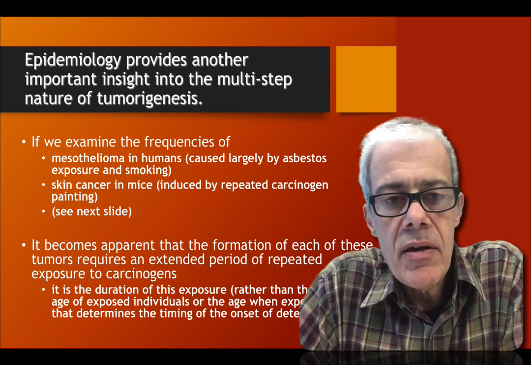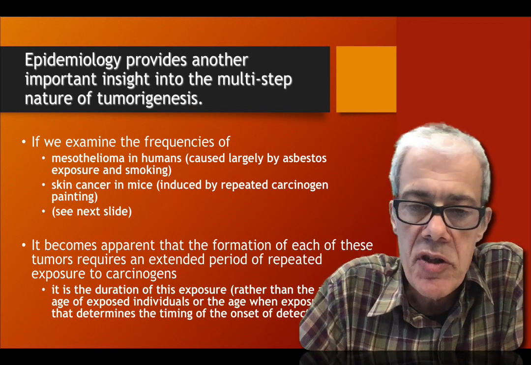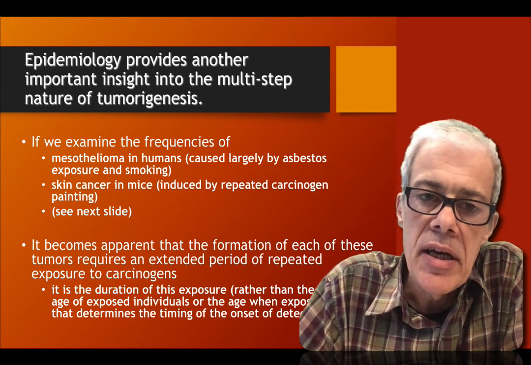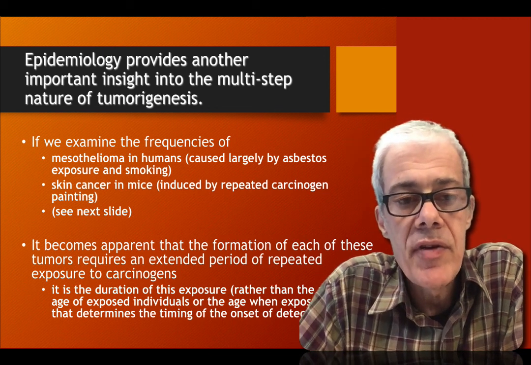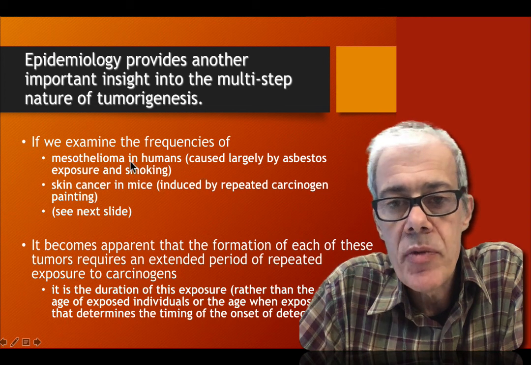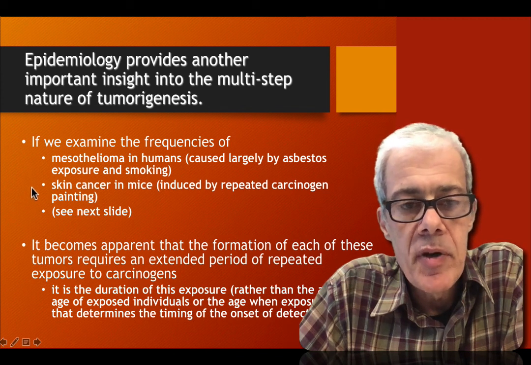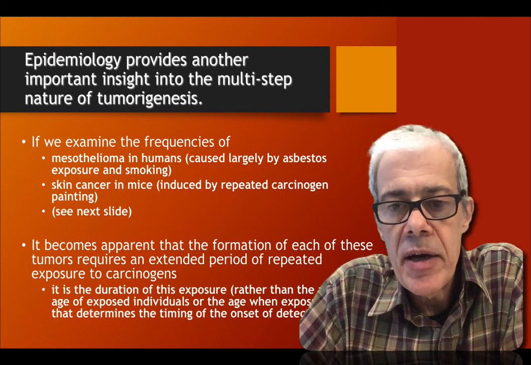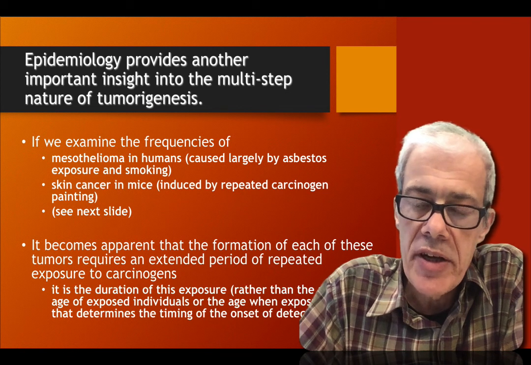The other thing to consider when we look at this multi-step hypothesis over time is the fact that there are various carcinogens in the environment that cells can be exposed to, and repeated exposure to these carcinogens can lead to increases in the rate of cancer. So there was some really good evidence looking at mesothelioma, which is a cancer caused by asbestos, and there's some laboratory studies where they repeatedly apply a carcinogen to mice, leading to the formation of a tumor.